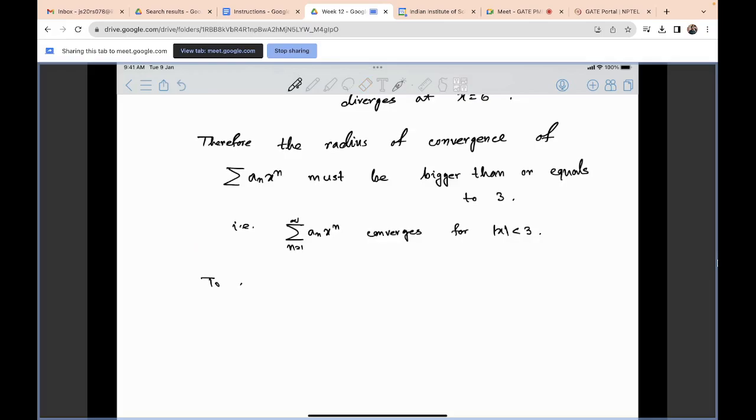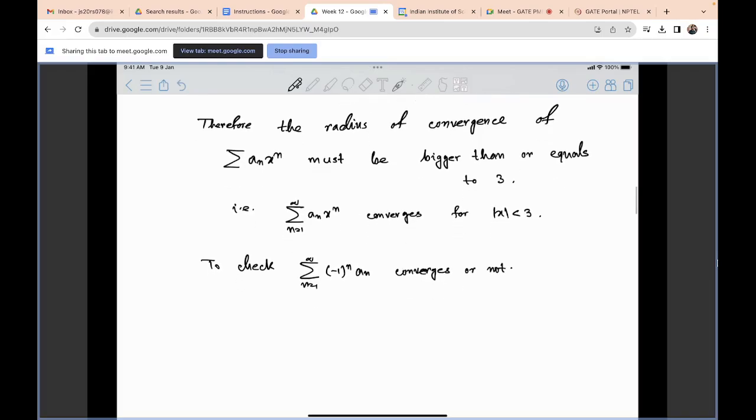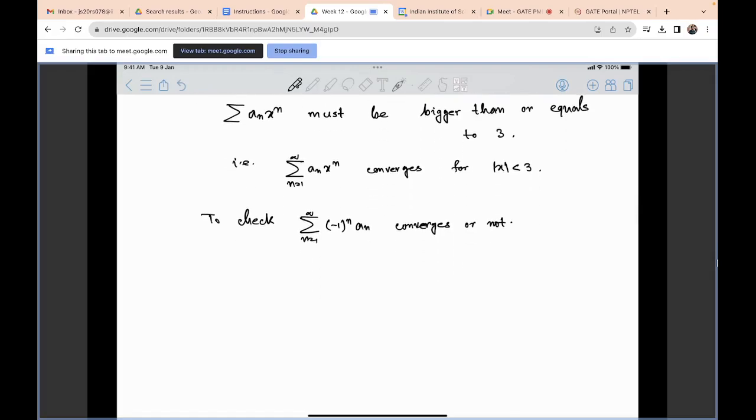To check this, series equals to 1 to infinity minus 1 to the power n converges or not. So note that what is this? If you put x equals to minus 1, you will get this one. And you know for mod x less than 3, this series is convergent. So at the point x equals to -1, this series is also convergent.